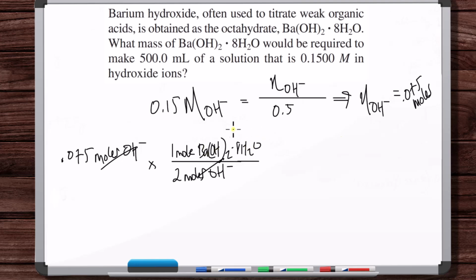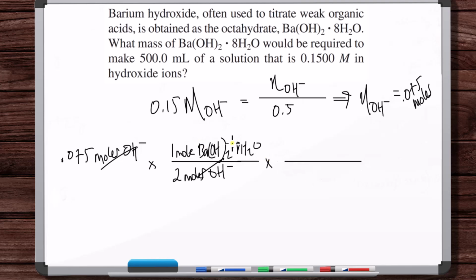If we dissolved 0.075 divided by 2 moles of barium hydroxide octahydrate in 500 milliliters of water, then the resulting concentration of OH- ions would be this. But now they're asking us not for the moles of barium hydroxide octahydrate, but the mass. What is this amount in terms of grams?